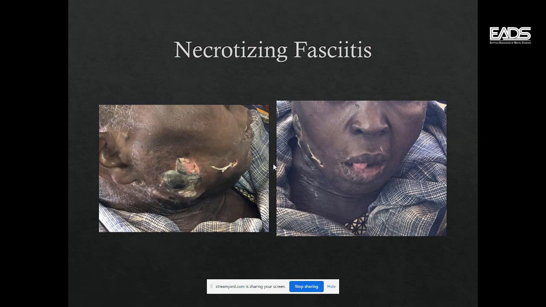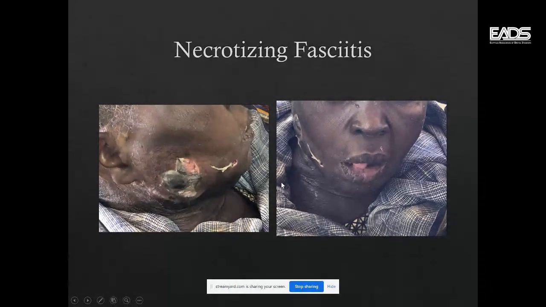Necrotizing fasciitis really does big damage. As you can see, all of these spaces were involved as cellulitis before, and then became necrotized as an abscess, and pus was being discharged, and even the neck was affected.